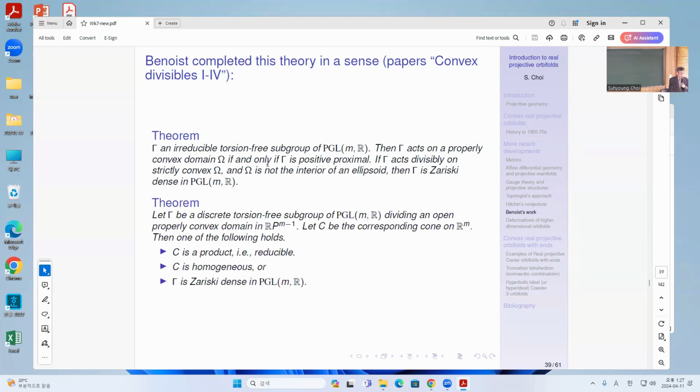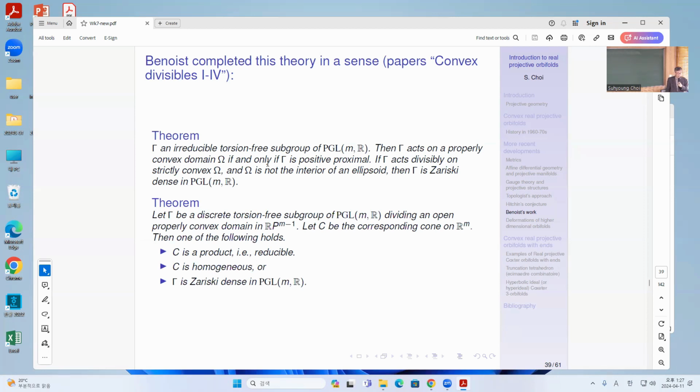Okay. So then next, let gamma be a discrete torsion-free subgroup of PGL(m, R) dividing an open properly convex domain in RP^(m-1), and C the corresponding cone in R^m. Then one of the following holds.